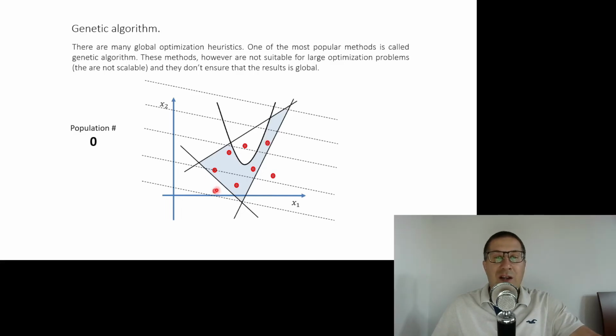So this guy over here, he's unlucky. His adaptation is low. The objective function value is low, and that is even more important, he's outside the feasible region. This guy is very handsome, but also this one. So they have a high chance for forming a family, have kids in the next population.